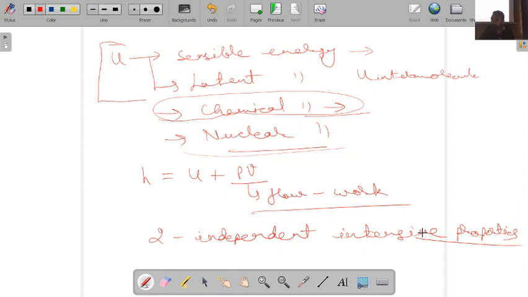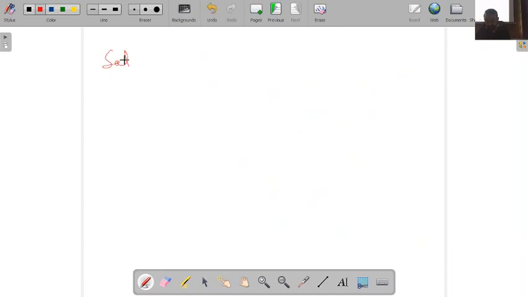They don't depend on each other. Can I use temperature and pressure as two independent properties when my substance is in the saturated state? My question is, if I have a saturated state, can I use pressure and temperature as independent? No. Why?